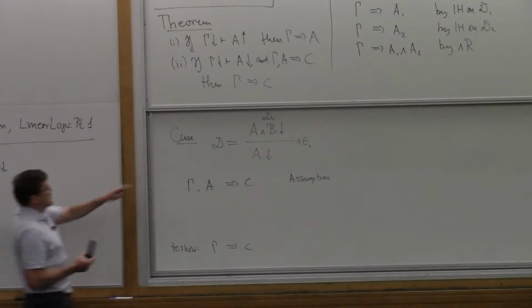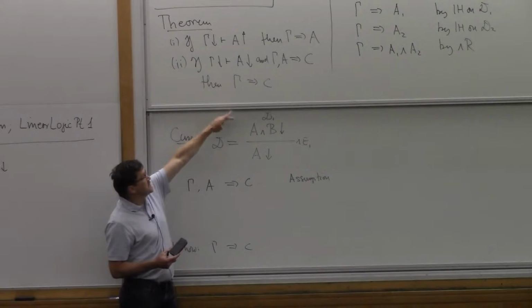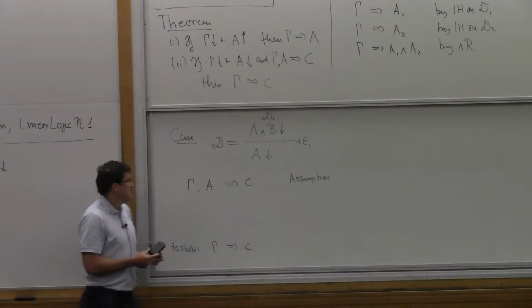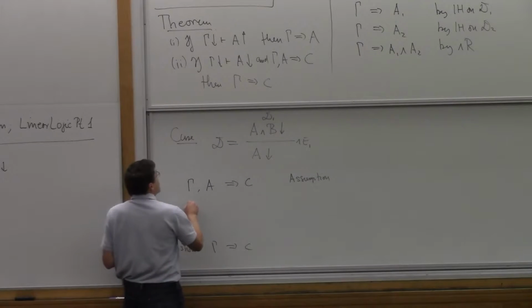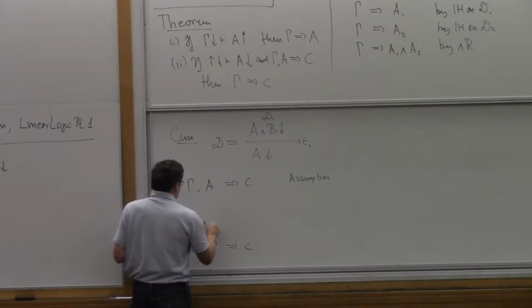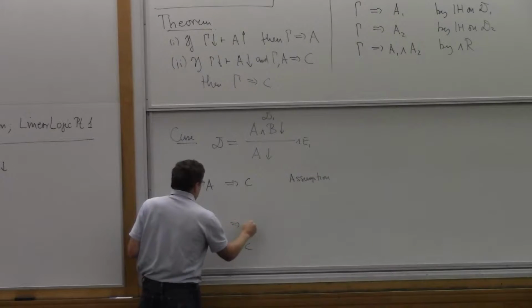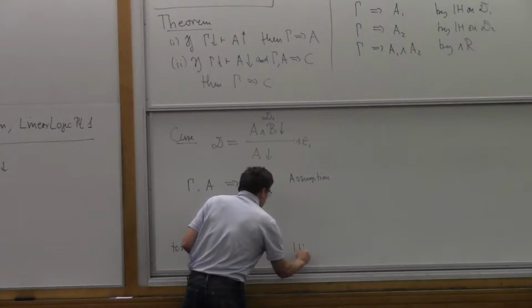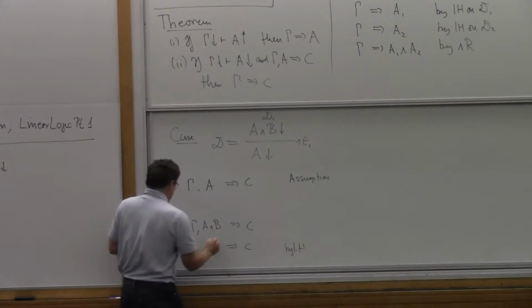So to apply the induction hypothesis, what kind of second piece of information do we need? You know that if gamma A and B proves C, then gamma proves C. Yeah, so it would be enough to show that if gamma A and B prove C, then this would follow by induction hypothesis, right, if we had that.